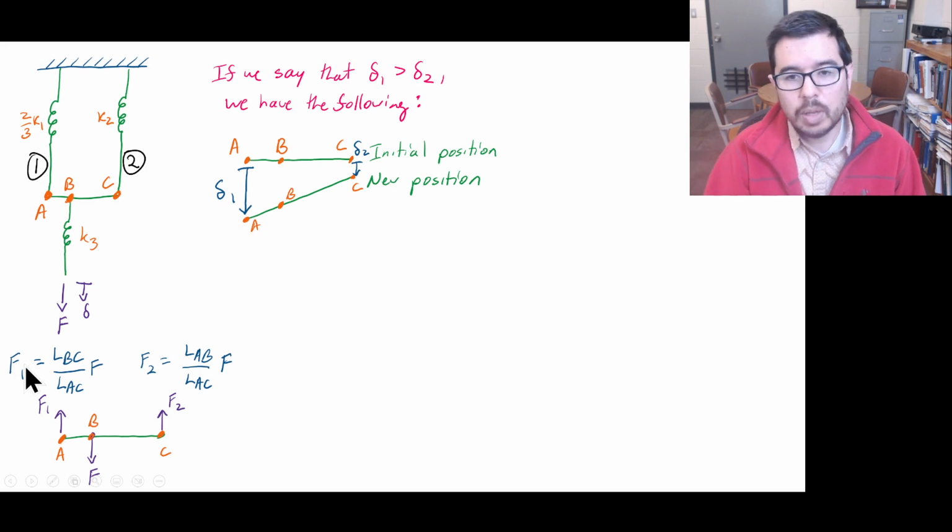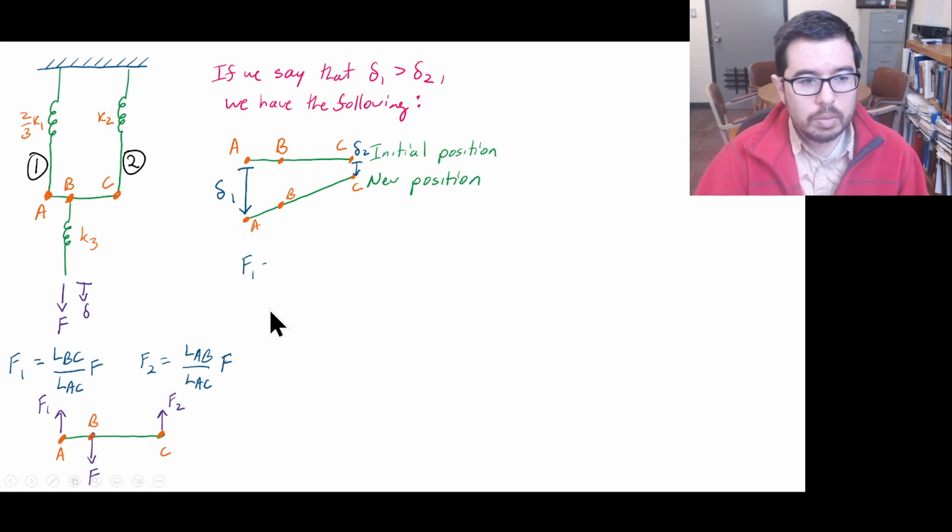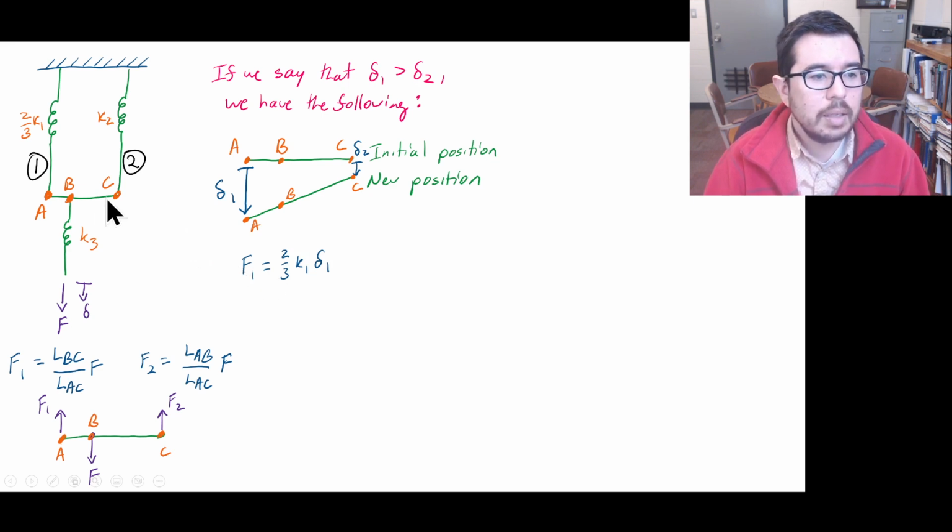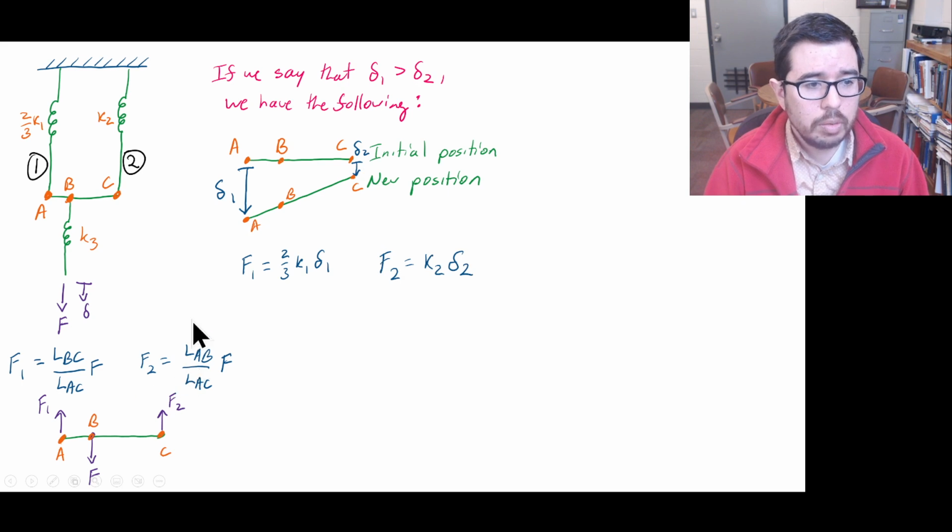So we can apply F equals Kx, or F equals K delta, to relate the force in this leg to the displacement on the left side. Similarly, we can relate the force on the right side to the displacement with the spring constant.